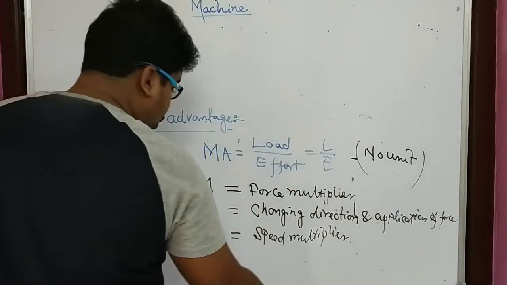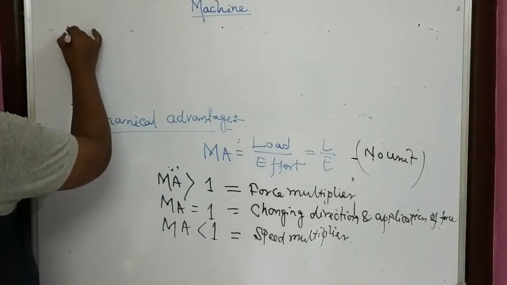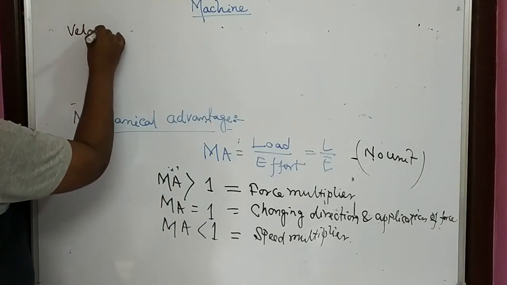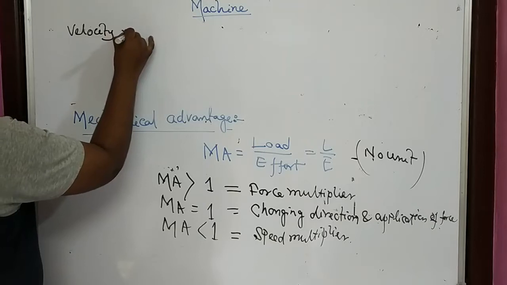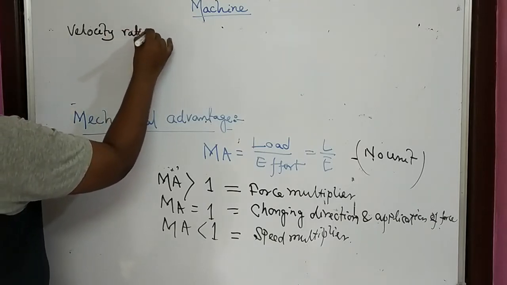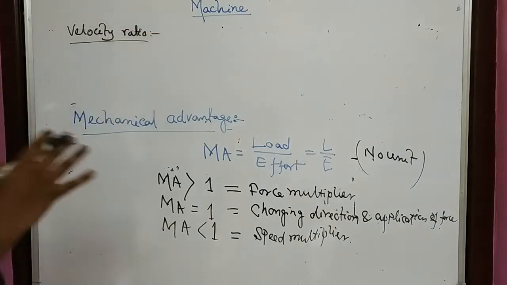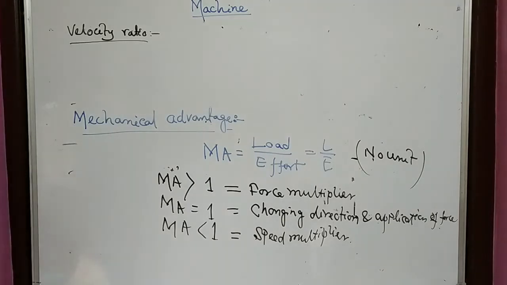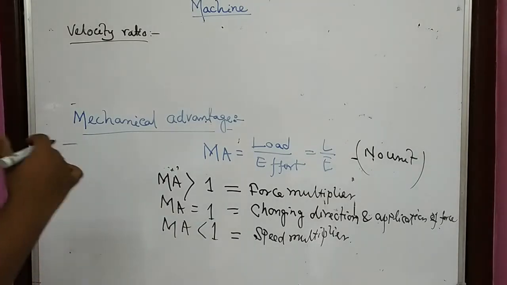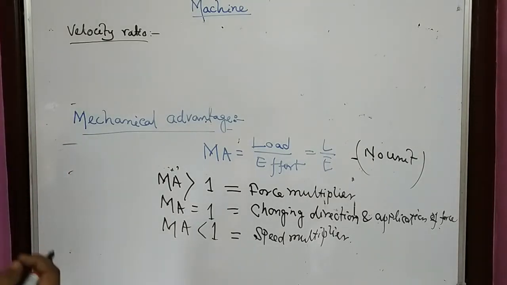By the name, here we have to find the ratio of 2 velocities. Why are there 2 velocities? Let's see. When we apply effort on a machine, a velocity is created.